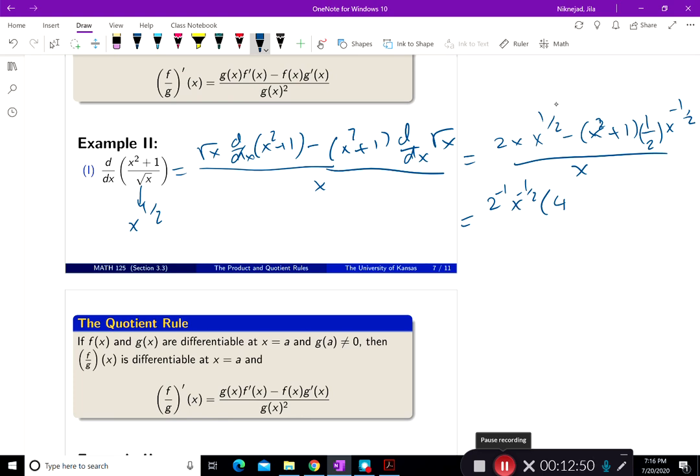Put all the same bases together, you get x squared. And there, everything is factored except x squared plus 1. Distribute the negative sign and the denominator here. And so you end up with, take these two to the denominator.